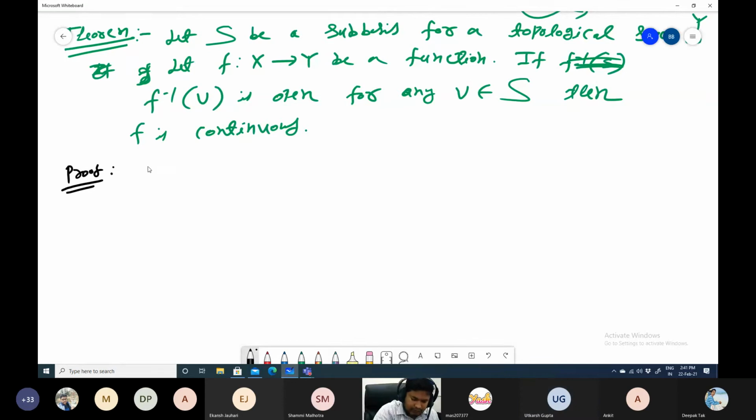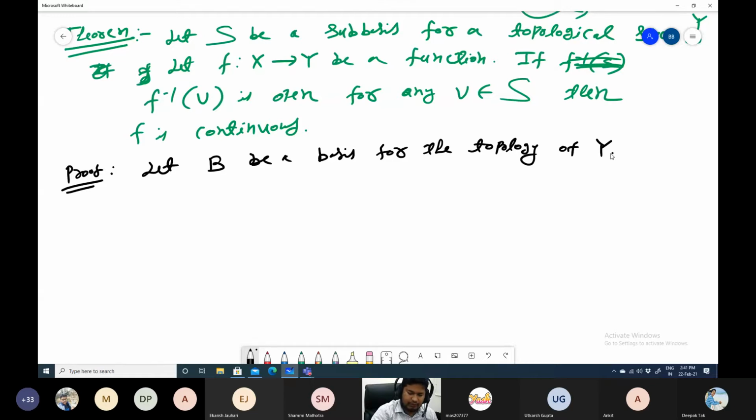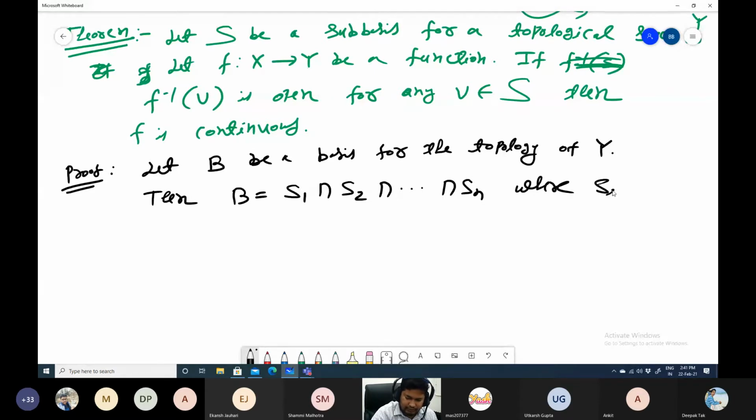Let B be a basis for the topology of Y. Then B can be written as S1 intersection S2 up to Sn, where each Si belongs to that subbasis S. Now that implies f inverse of B equals the intersection of the f inverse Si.